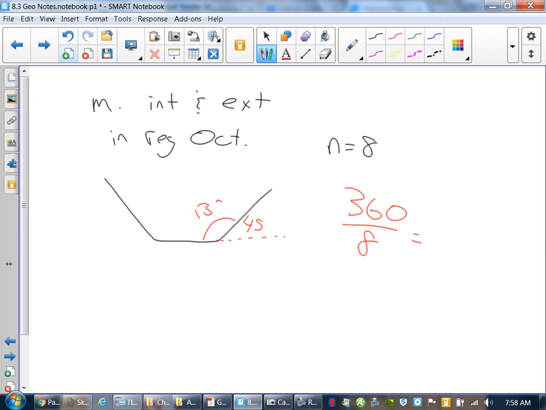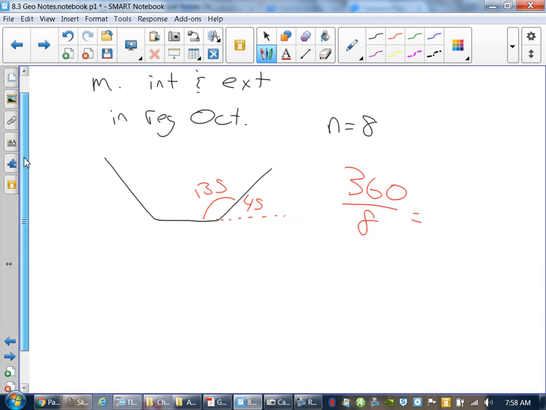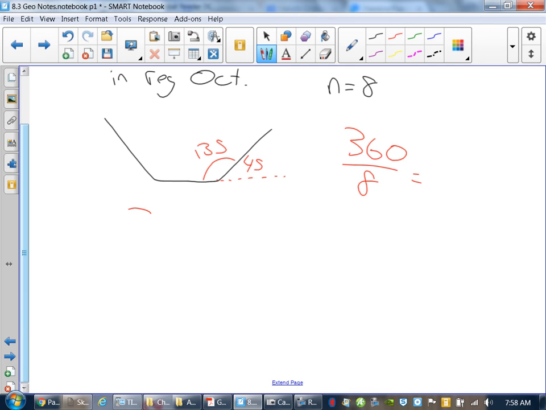Okay? That was the easy way of doing that, which also led you guys to be able to figure out a nice shortcut for figuring number of sides. Now, the shortcut we found for finding number of sides was this.